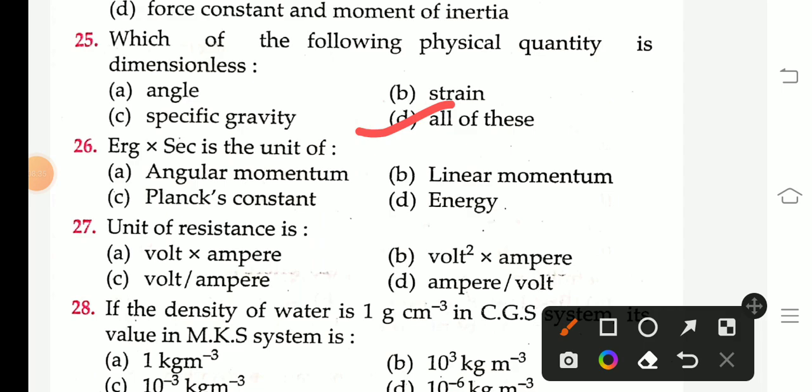All of these. Arc multiplied by second is the unit of Planck's constant. Unit of resistance is volt per ampere.